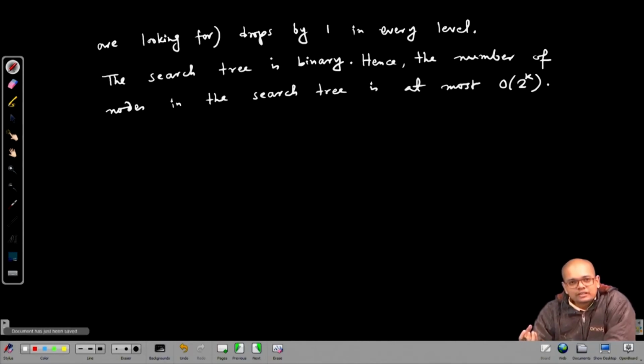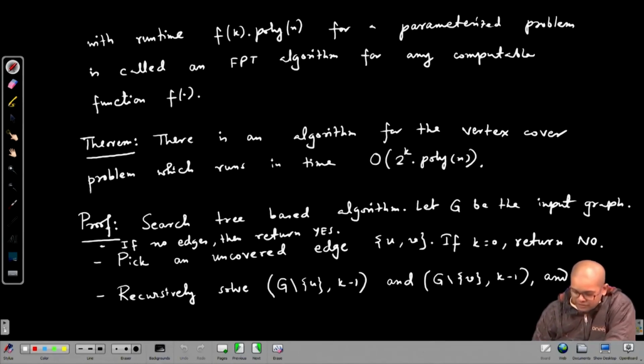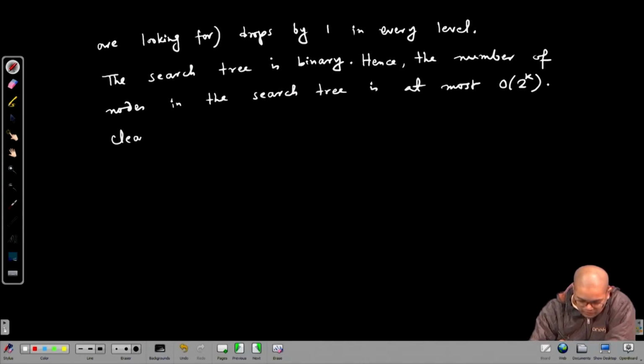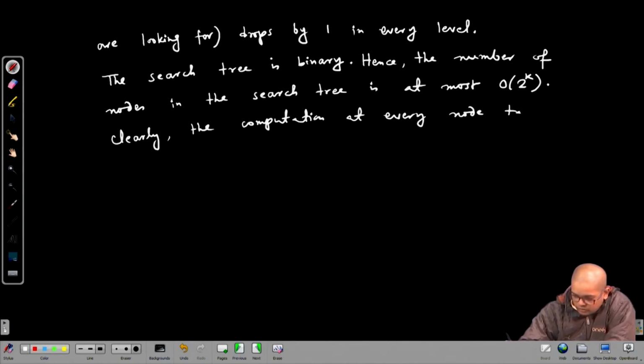Now, what is the computation in each node? That computation is this, that checking if there is no edge, and if budget is 0, then return no if there is an uncovered edge. This is the computation at every node. Clearly, the computation at every node takes order n time.